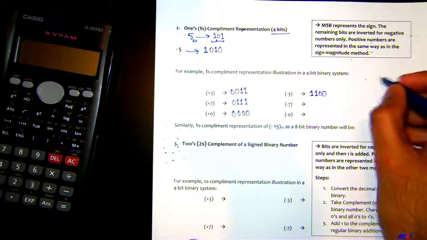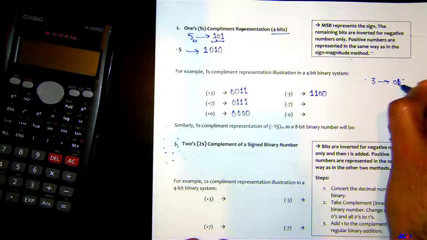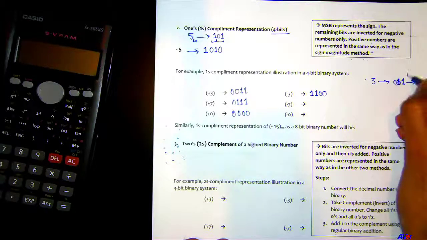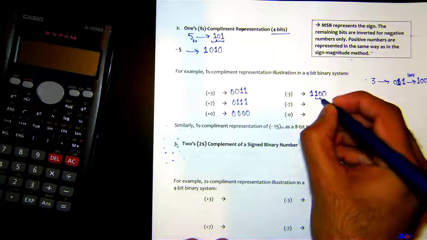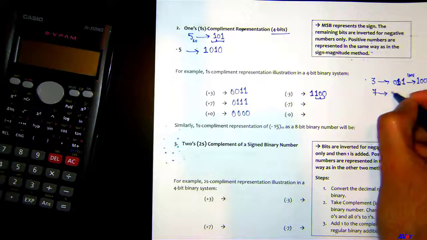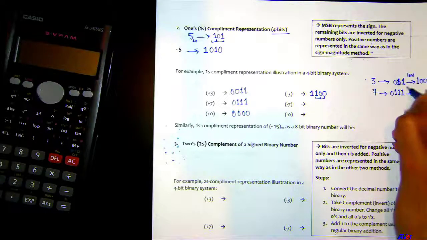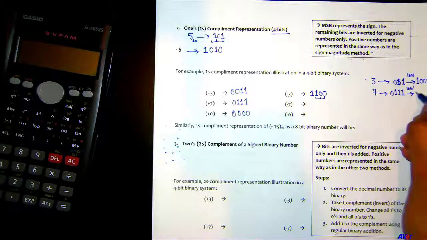So 3 is 0011. You invert the remaining bits, you get 100, and that's what I have here, 1100. Similarly for 7, it's 0111. You invert it, and you get 1000, right?